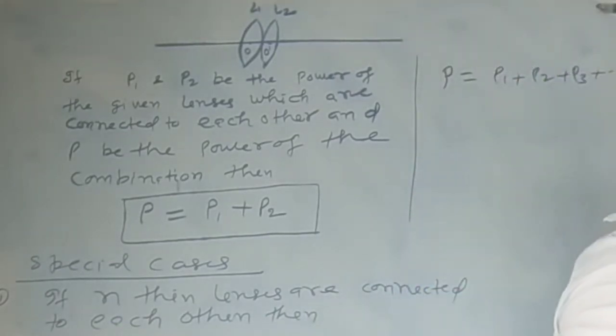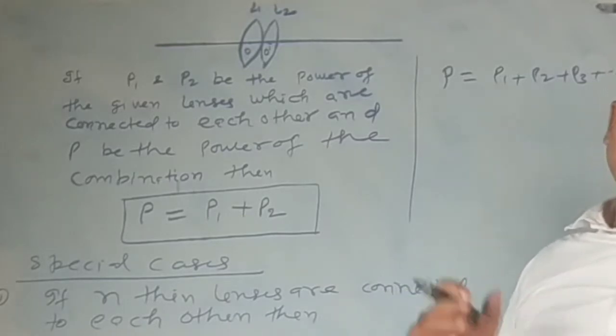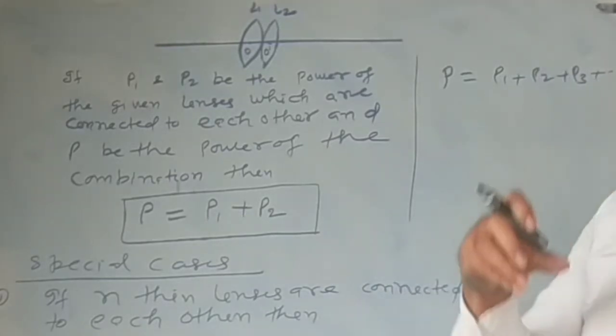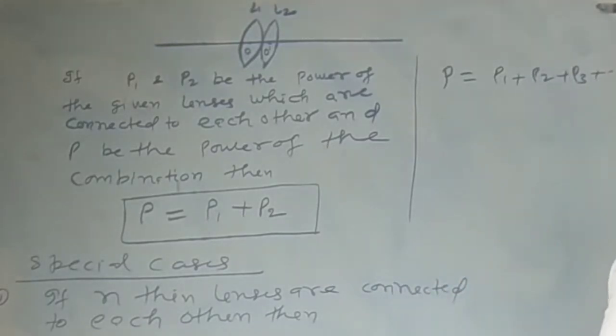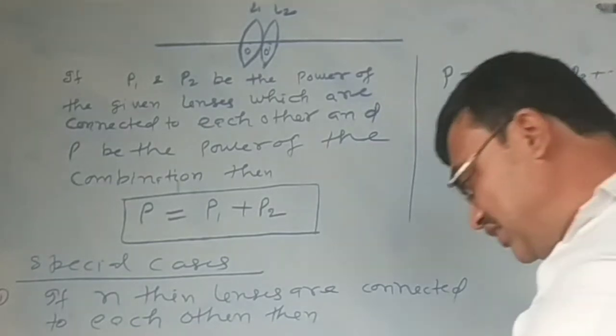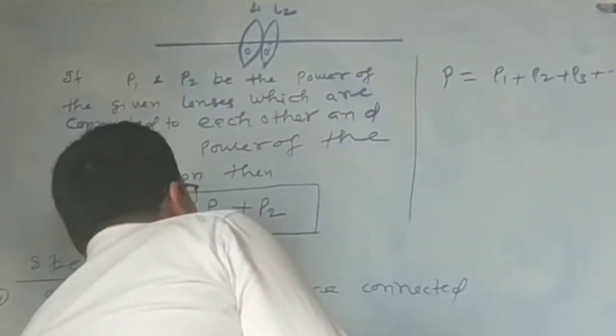That means combined power is equal to the sum of the powers of all thin convex lenses.